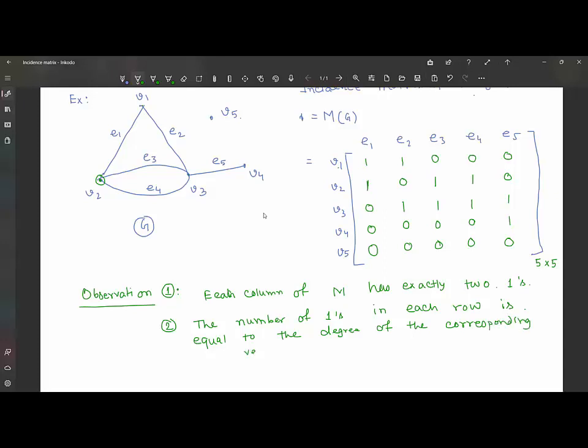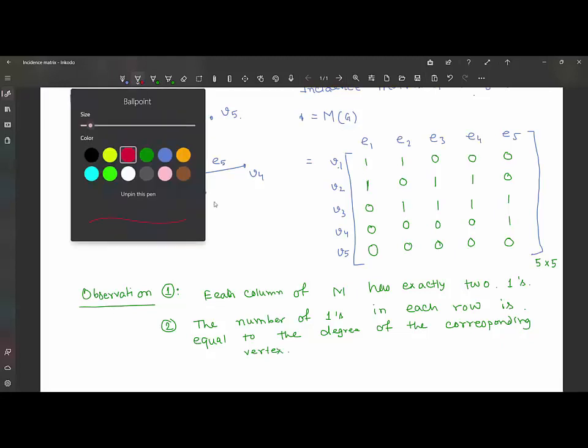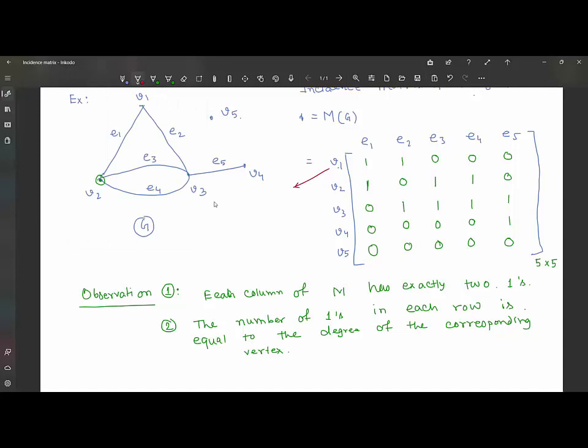Like here we can note from this line that the degree of V1 is 2. From here the degree of V2 is equal to 3, the degree of V3 is equal to 4, the degree of V4 is equal to 1, and the degree of V5 is equal to 0. This is the isolated vertex.